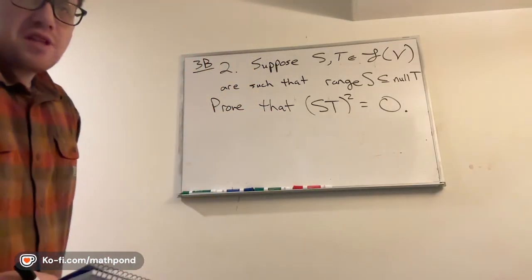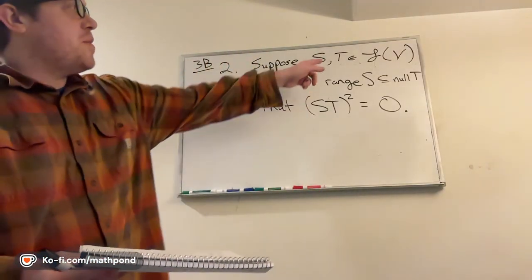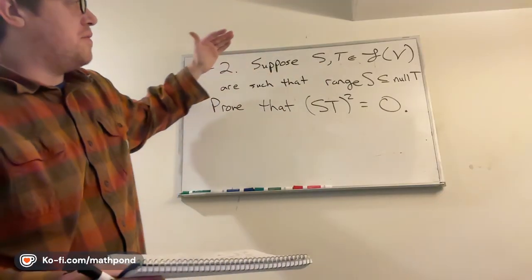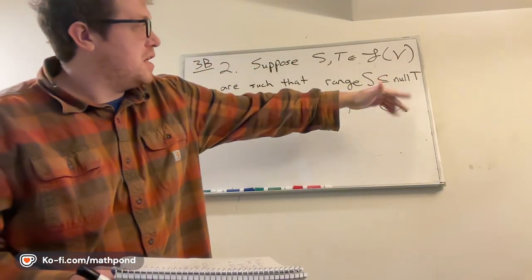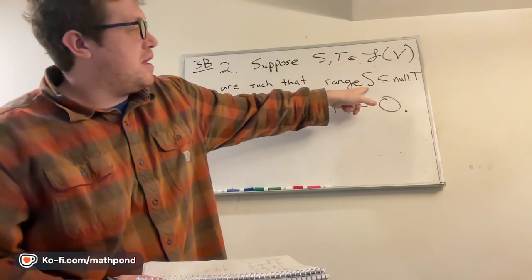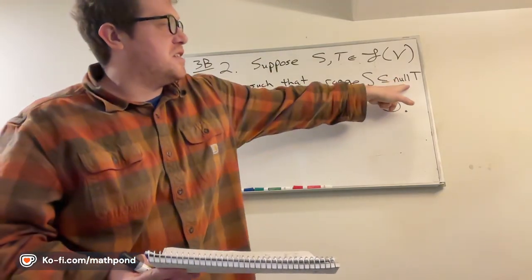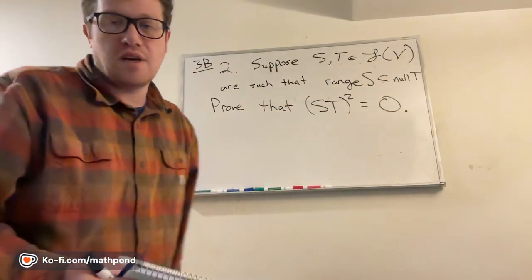Right, so just the last problem for today. So we have two linear maps. The range of S, so everything S is mapping into V. The image of S is in null T, so everything in the image of S gets sent to 0 by T. That's what this is saying.